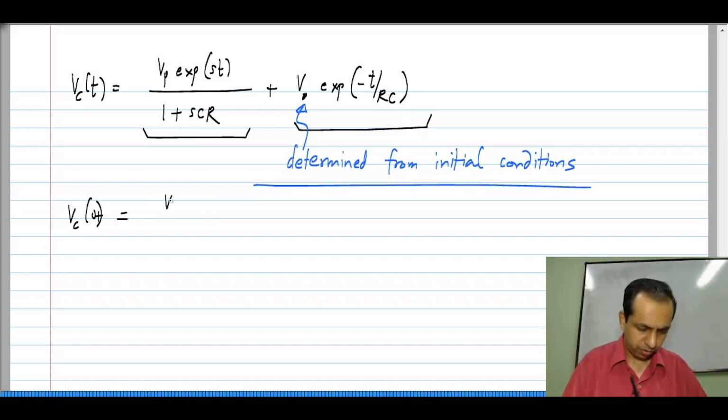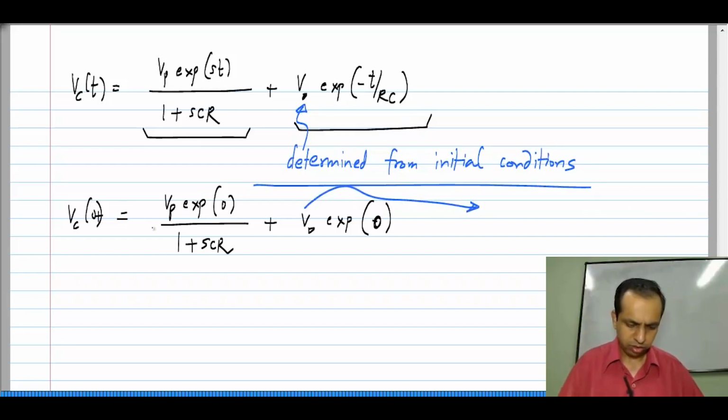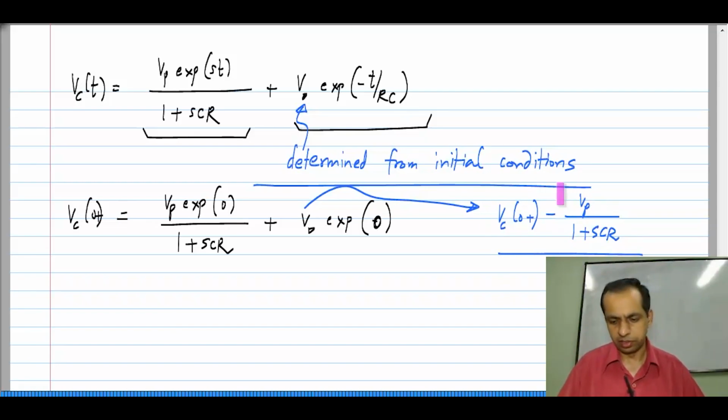This will be equal to Vp exponential S times 0, that is just 0, divided by 1 plus SCR, plus V naught exponential minus 0 by Rc. So, this is also 0. So, we know that this V naught, by solving this, comes out to be Vc of 0 plus minus Vp by 1 plus SCR, where this is the initial voltage on the capacitor. So, that is what this constant V naught has to be.